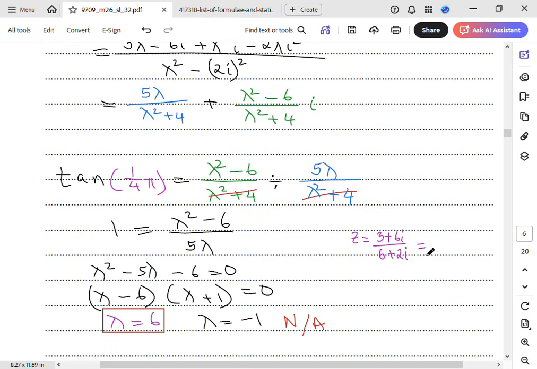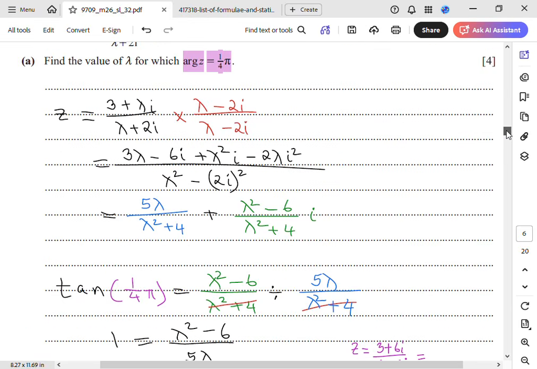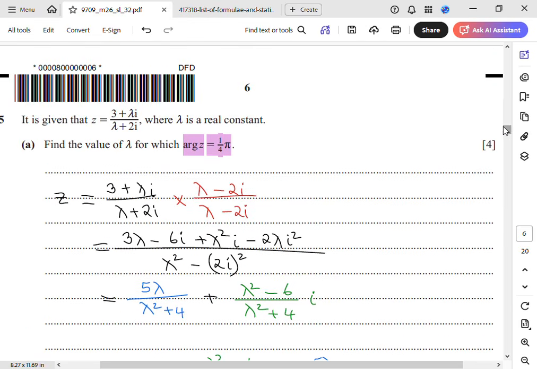So you can use your calculator. Let me get my calculator. 3 plus 6i divided by 6 plus 2i. Did I do something wrong? Okay, I made a mistake, my bad.